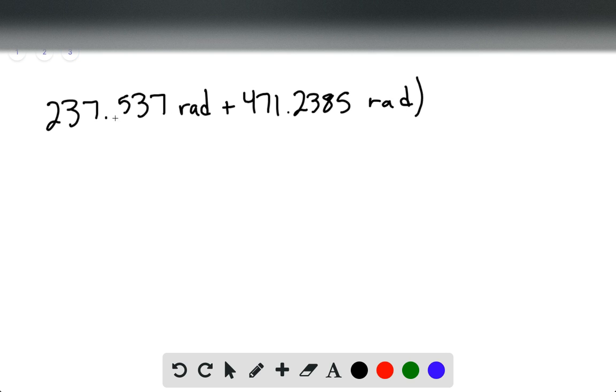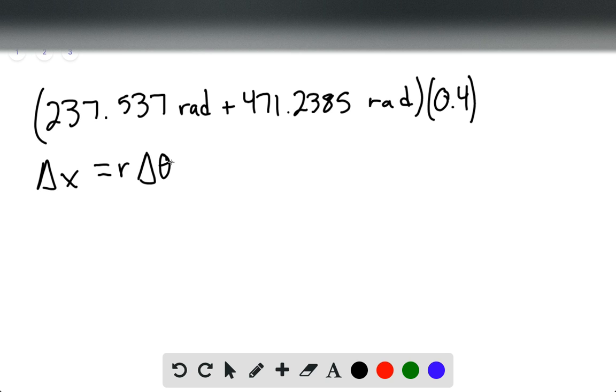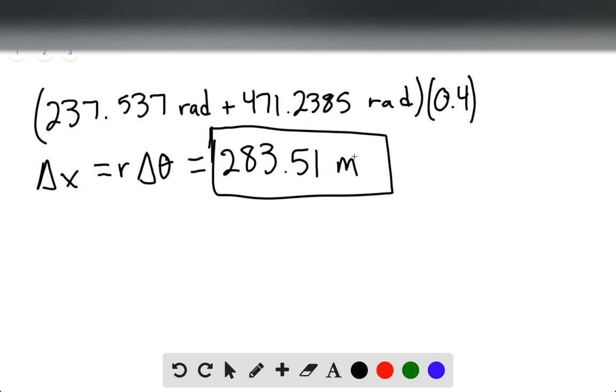And this is going to be times 0.4, because this is simply based on the fact that delta x equals r delta theta. So r would be our 0.4, and delta theta would be our initial and our final. So this is going to be equal to 283.51 meters. So this is how far the car travels total. This would be equal to x total. And that's the end of the solution.